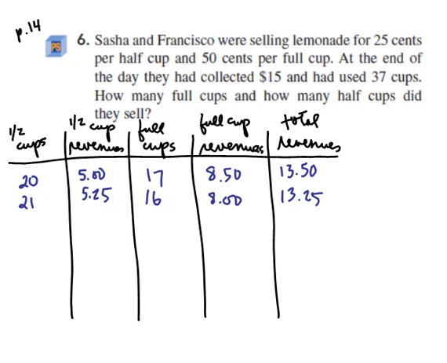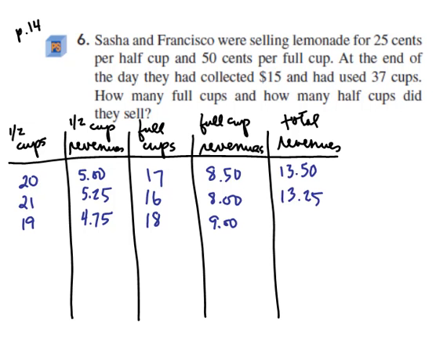So I'm going to go back to the 20 and 17 and decrease the half cups and make it 19. And then I would use 18 full cups for a total of 37. 19 quarters is $4.75. 18 half dollars is $9. And that would give me a total of $13.75.